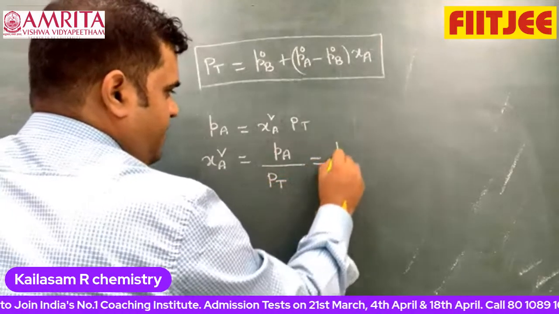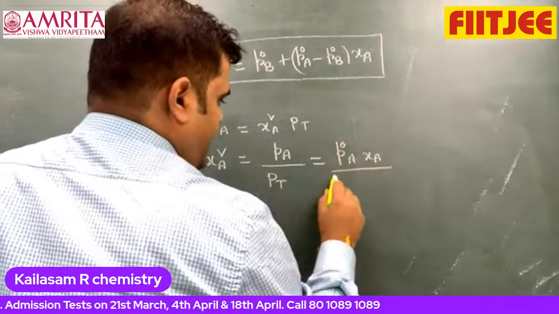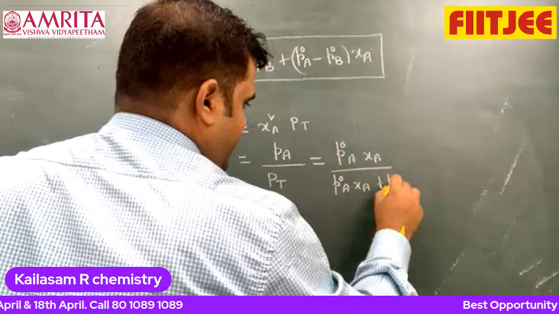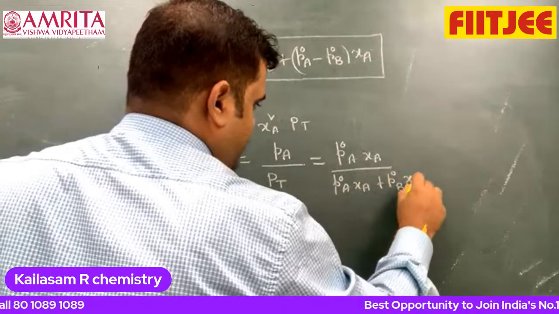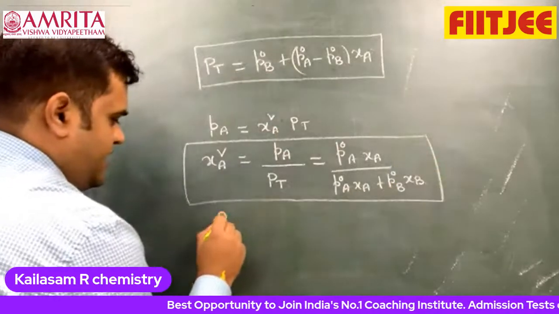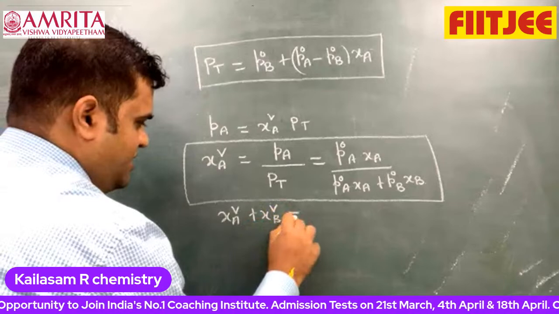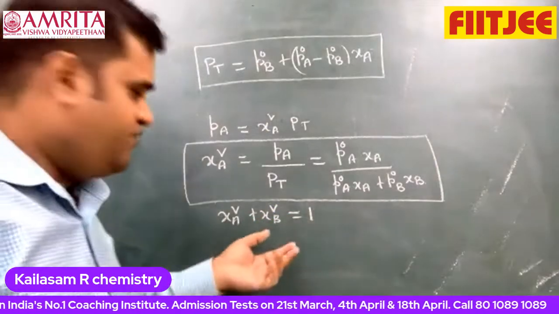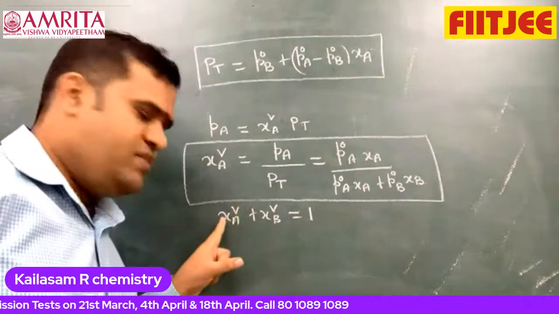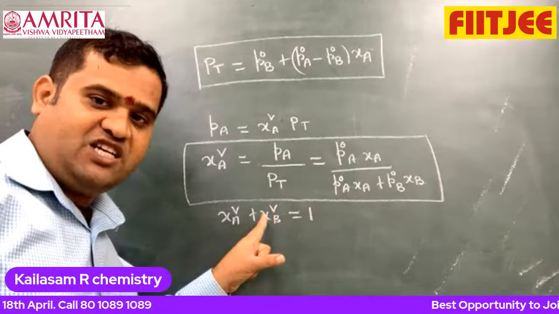So PA is P naught A XA, divided by PT, which is P naught A XA plus P naught B XB. We know that XAV plus XBV is equal to 1. So once we know XAV, we can find out XBV. XAV is the mole fraction of A in the vapor phase, and XBV is the mole fraction of B in the vapor phase.